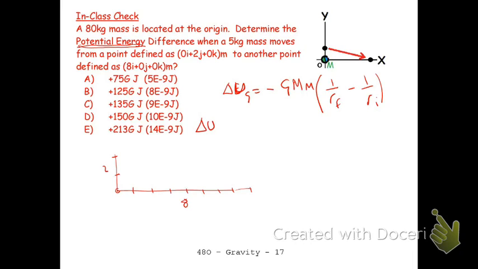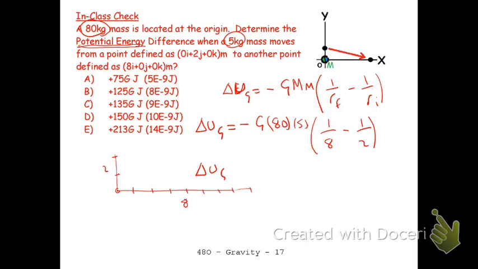So delta Ug is equal to minus G, leave G alone, and big M is going to be the 80 kilograms. But I do need this second mass because I'm talking in terms of potential energy. So I've got to have a second mass. That's 5 kilograms. And then 1 over the final, which is 8, minus 1 over the initial, which is 2. Doesn't matter the direction. All that matters is how far you are away.